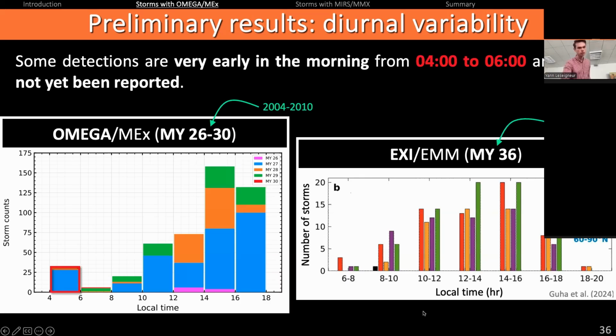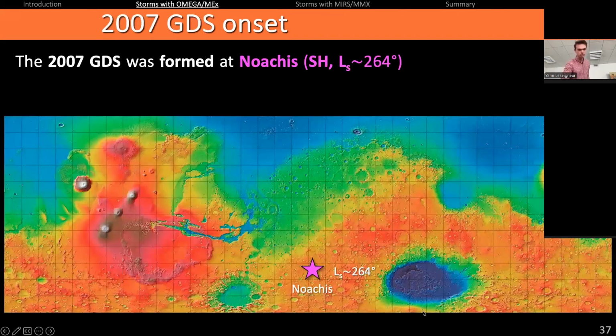So also another thing, and I am working on it actually. And now to focus on one particular dust storm is again the global dust storm in 2007. We know that this dust storm may have formed in the southern hemisphere at Noachis, near the solar longitude of 264 degrees.